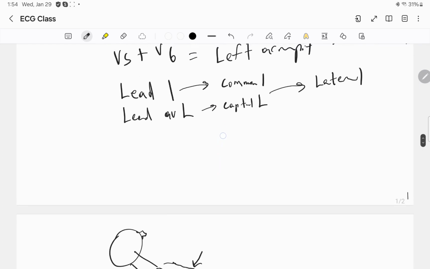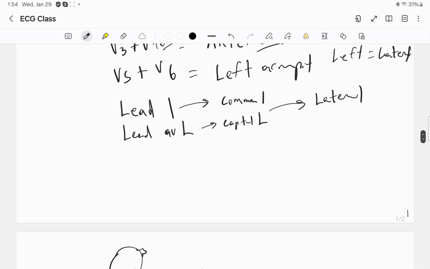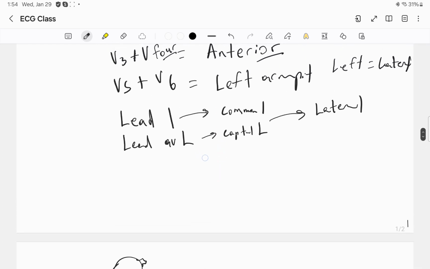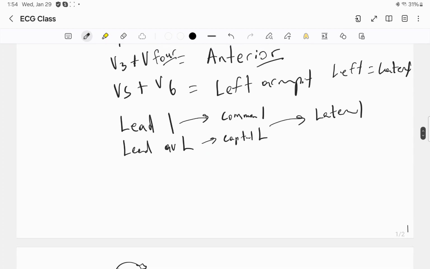And then we have the inferior leads, or the foot leads. So let's draw Ralph's foot, an AV foot, which will be this.